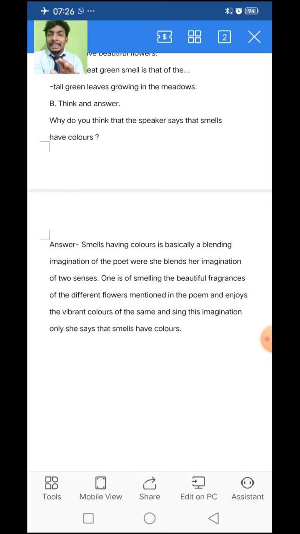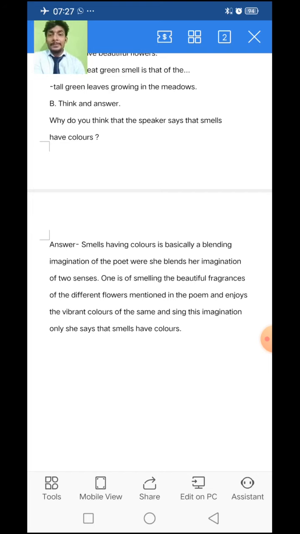for visualizing the different elements of nature. Here she is describing the different elements in such a way that she is saying she can smell the fragrance with the eyes and she can see the beautiful colors of those flowers with the help of her nose.